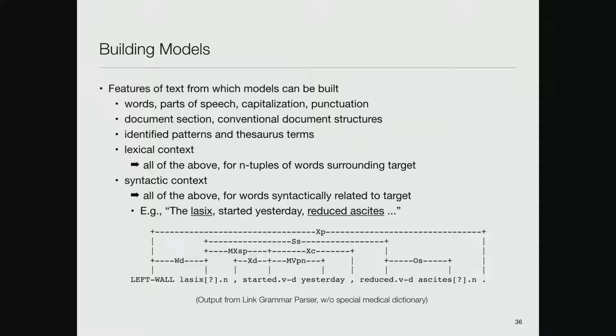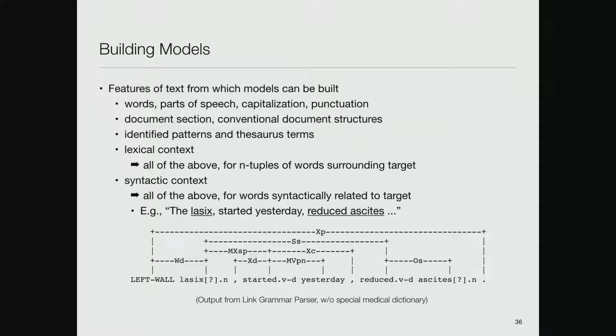In those days, we used something called the link grammar parser, though it doesn't make a whole lot of difference what parser you use. You get either a constituency or a dependency parse, which gives you relationships among the words, and so it allows you to include as features the way in which a word you're looking at relates to other words around it.